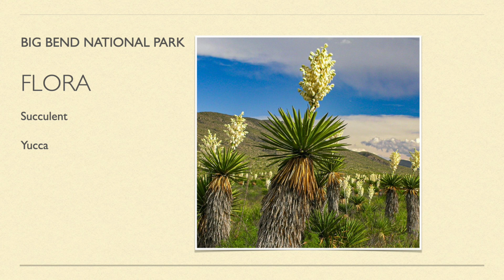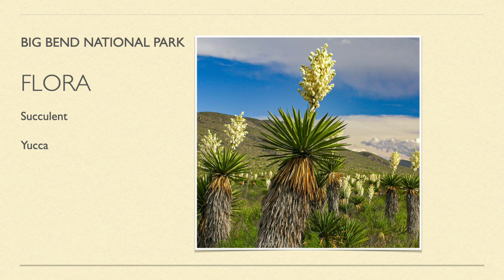In fact, there are 4 species of yucca plants in this national park. Now, they all have trunks, and they elevate the leaves above the ground, and the trunk, as you can see in the picture, is often covered with dry, dead leaves. These leaves are long, fibrous, and they're also spine-tipped.